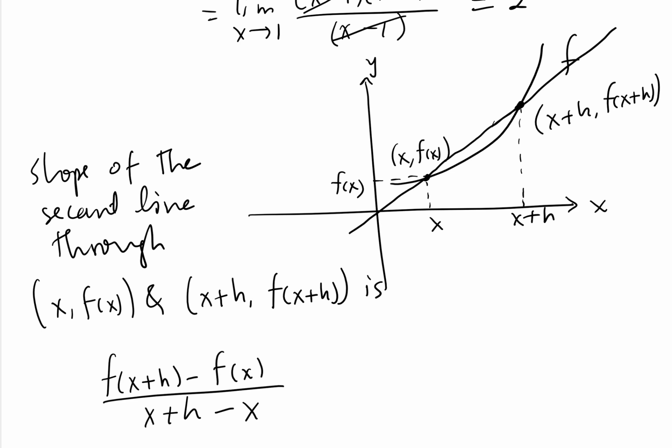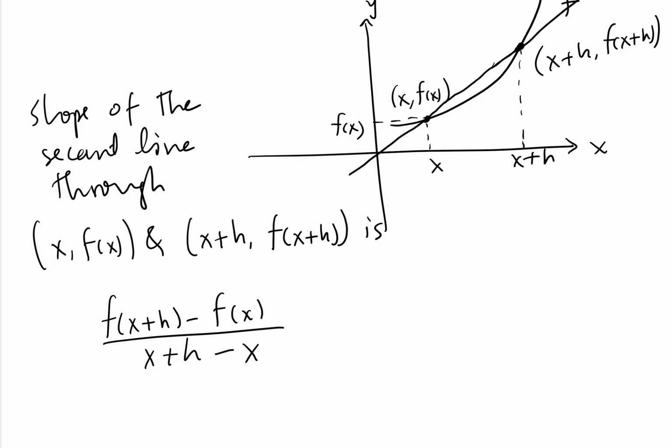So what I'm doing is y2 minus y1 over x2 minus x1. This simplifies to f of x plus h minus f of x all over h.